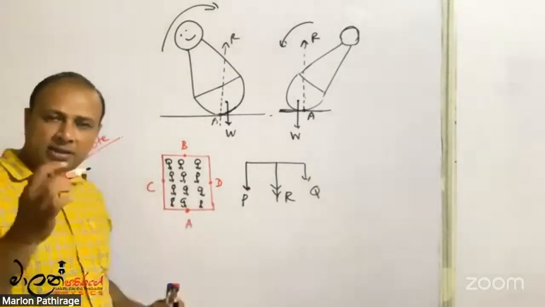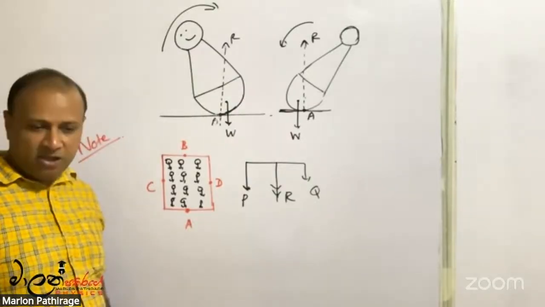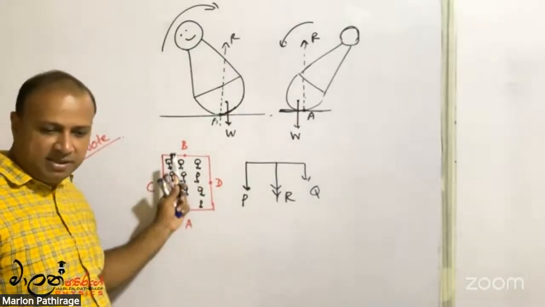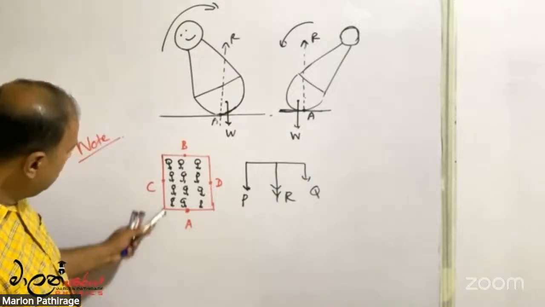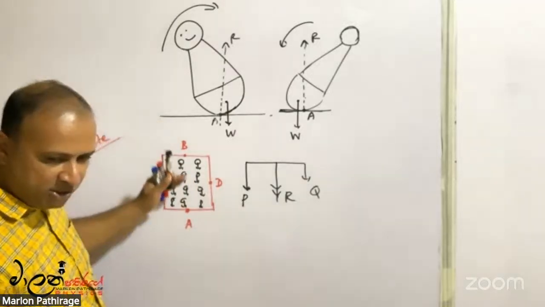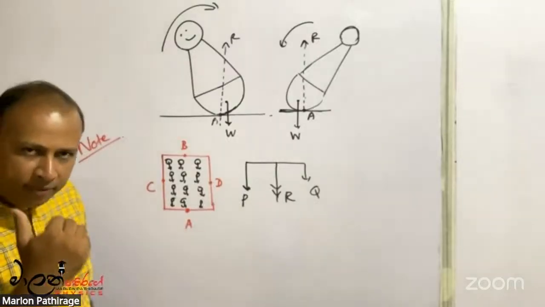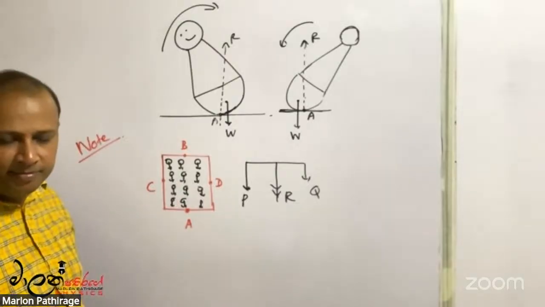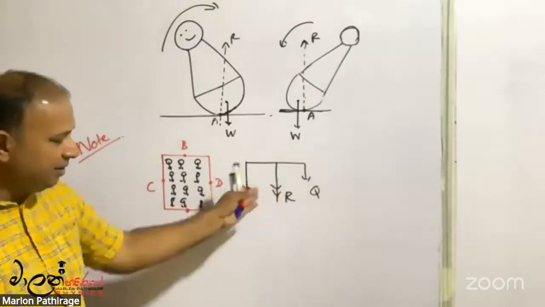So the center of gravity is the point of action of the resultant force of these particles. All these forces are in the same direction, therefore their resultant force should be in between them.